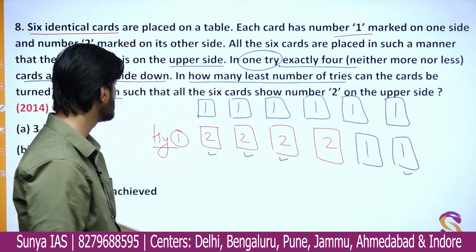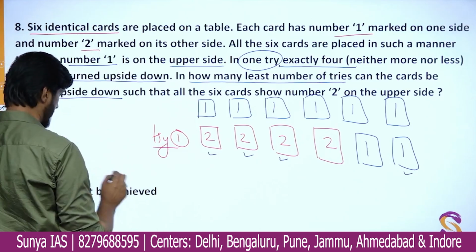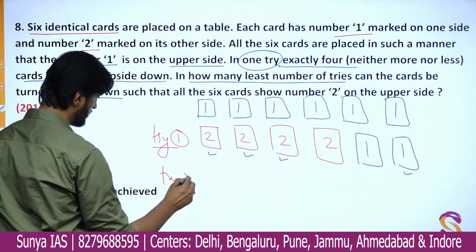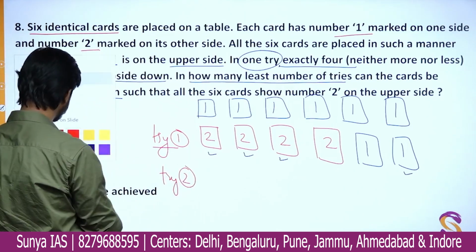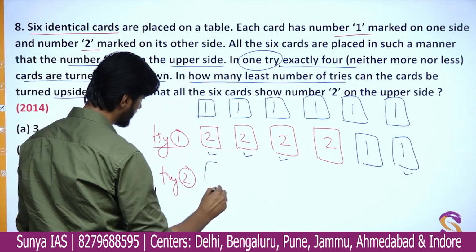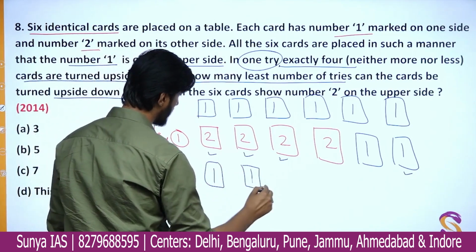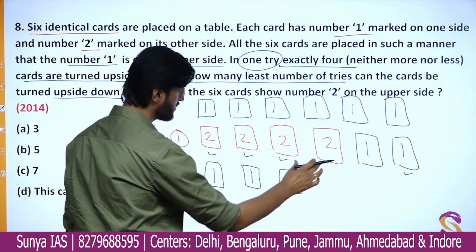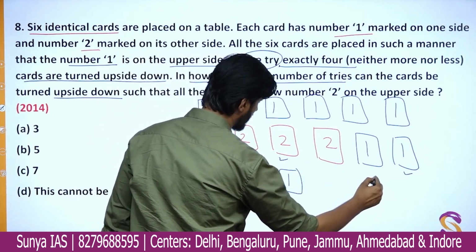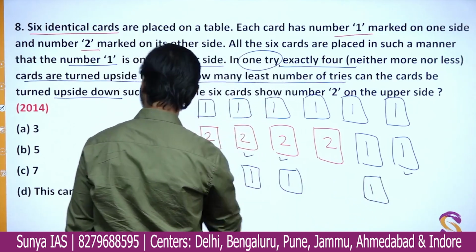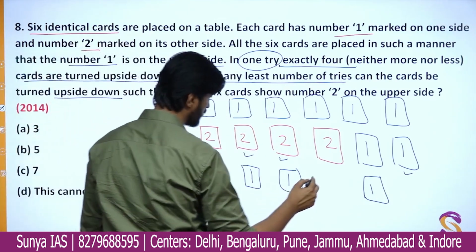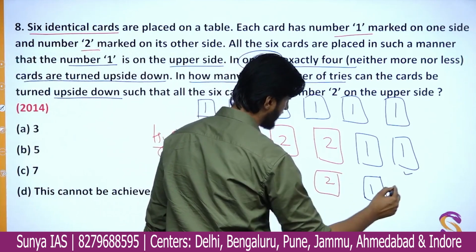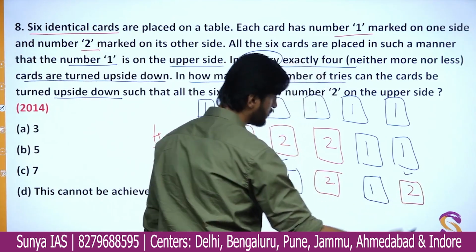So if we flip these cards in the second try, in try 2, you will get 1, 1, 1, and this card will also be 1, and these 2 cards will be 2. This one will be 2 and this one will be 2.